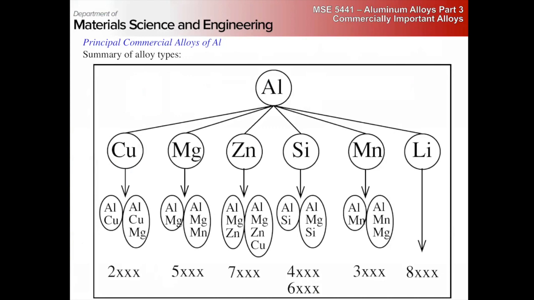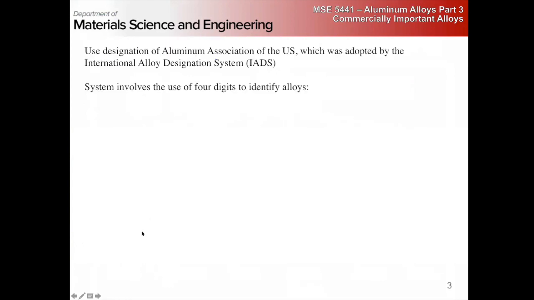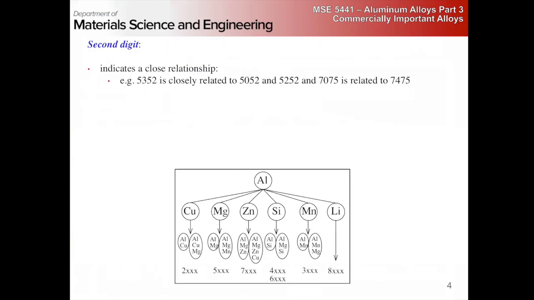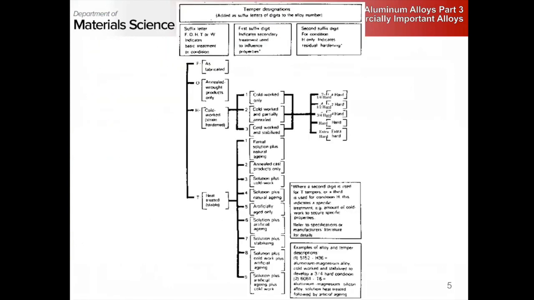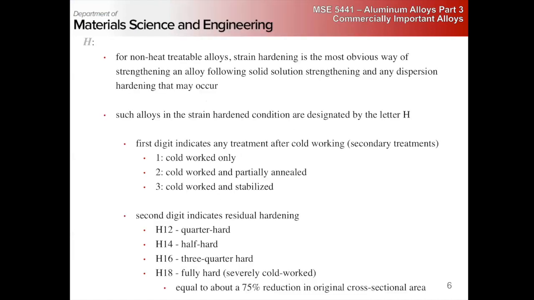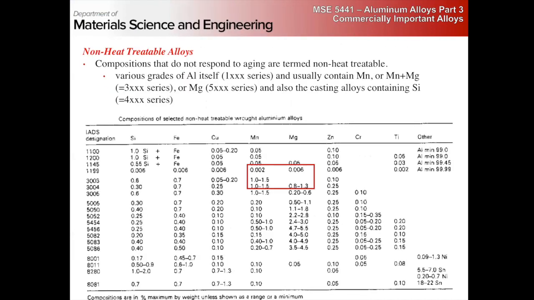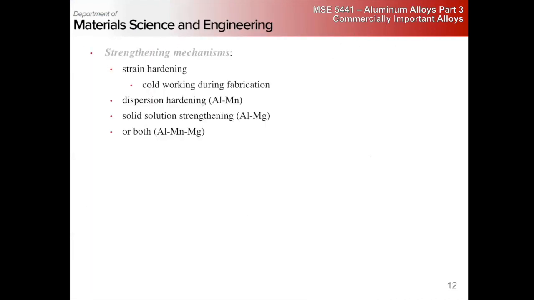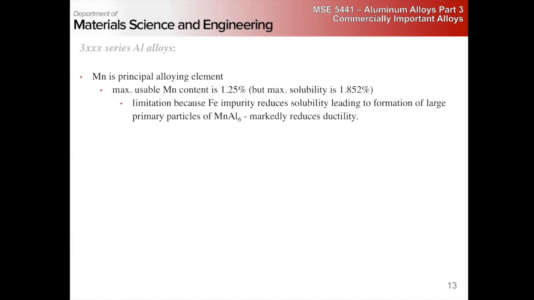Chances are I'll give you everything you need, but for a short answer, it might be useful. You don't need to memorize the temper designations or the heat treatment designations. So all of this stuff you can skip over for the exam. It's here for your reference.